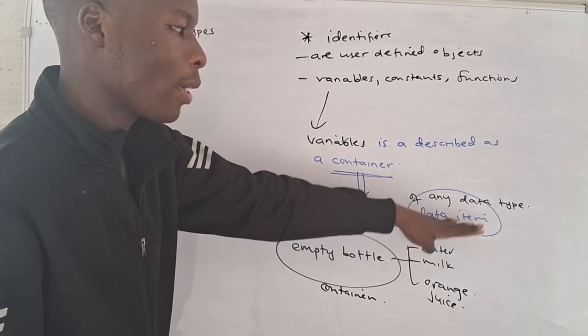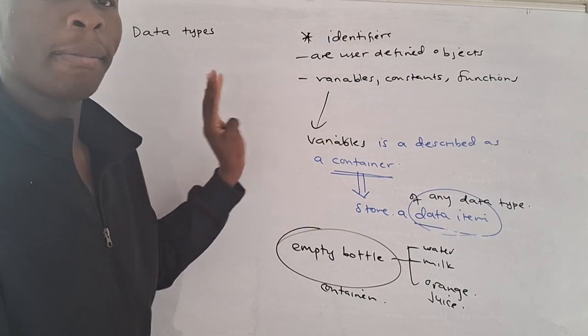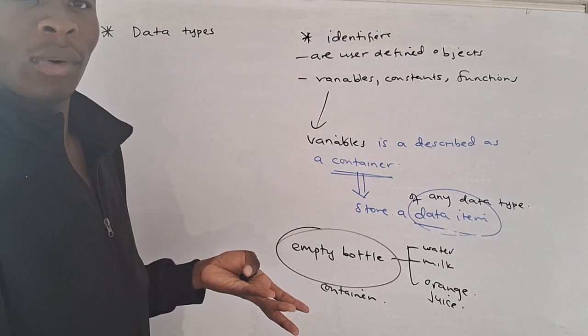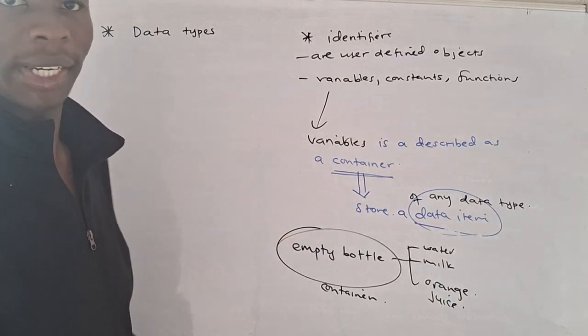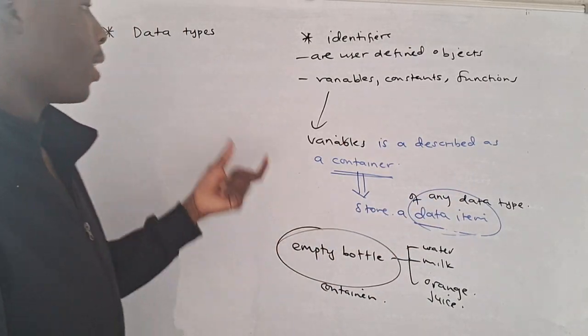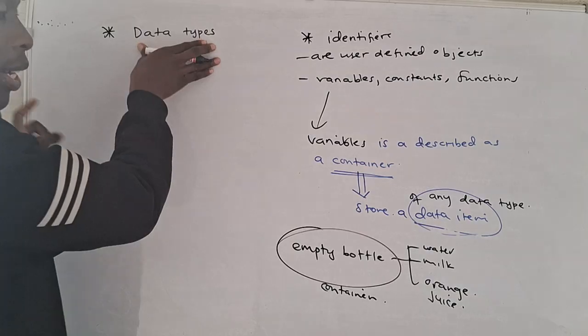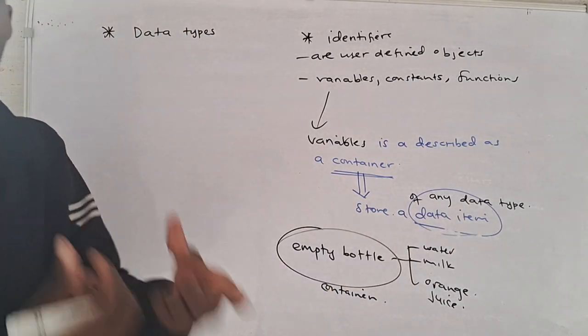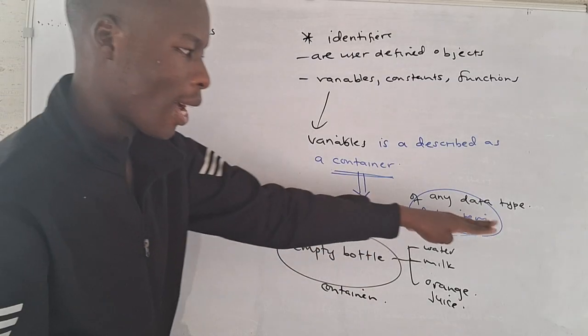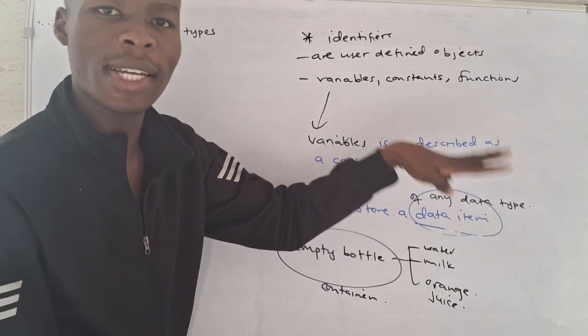This data item can be of any data type. It can be an integer, it can be a float, it can be a char. Now I'm talking about data types.